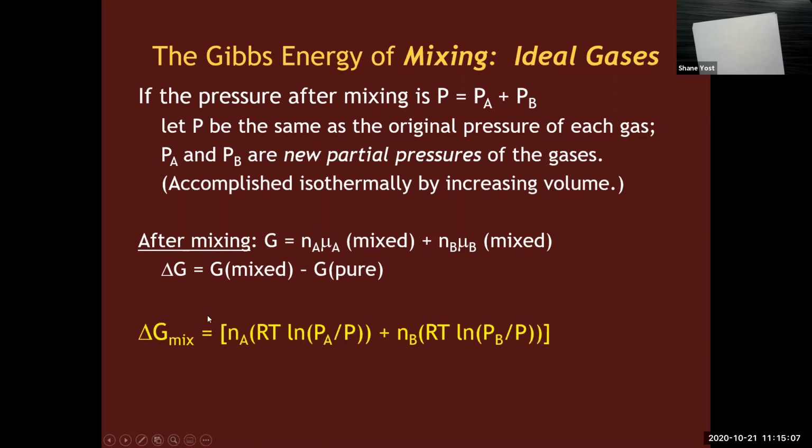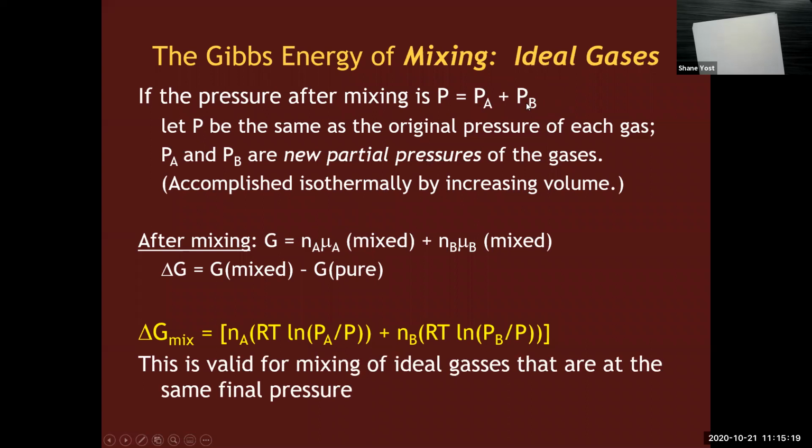The chemical potential of the mixed species is just going to be the standard chemical potential plus RT ln of PA, or RT ln of PB, the partial pressure of A or B. And when you take the difference between that mixed free energy and the pure free energy, you will eventually arrive at this formula here. The free energy change of mixing is just NA times RT ln of PA divided by P plus NB times RT ln of PB divided by P.